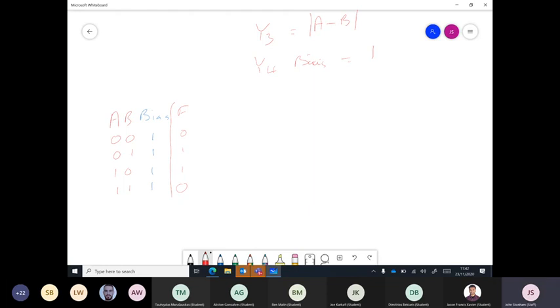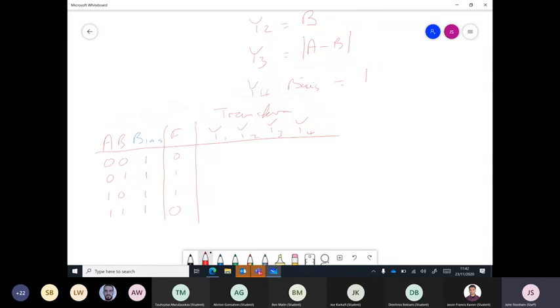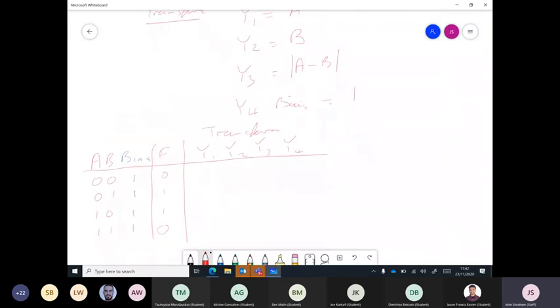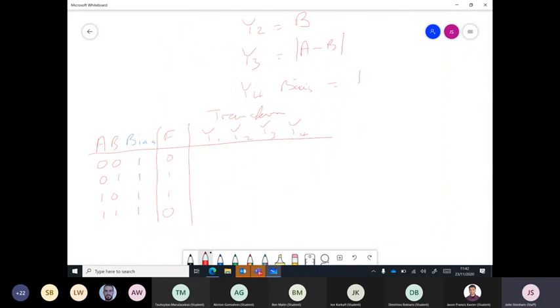Now apply the transform. And the transform is going to be Y1, Y2, Y3, and Y4. And we've got the transforms above. A and B go over for Y1 and Y2, so this is going to be 0, 0, 0, 1, 1, 0, and 1, 1.